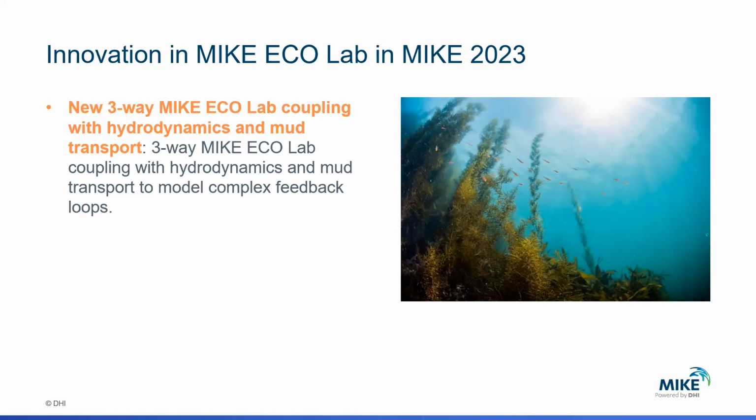So the growth and death of eelgrass in a coastal area, and the effect that has on erosion risk, for example. So that was an addition to Ecolab, which in itself is already very powerful. You know, Ecolab is an open equation solver, so if you can represent it as an equation, you can model it in Ecolab.